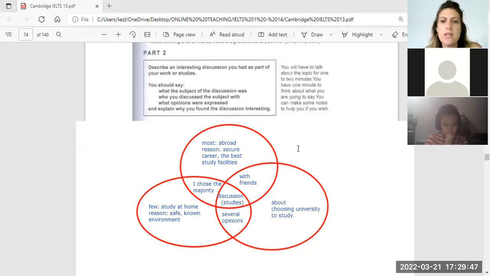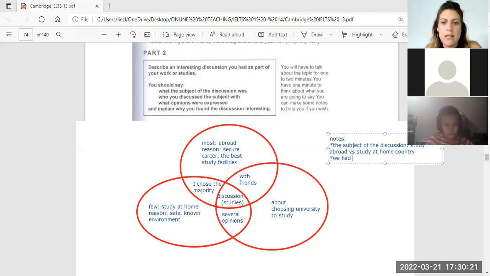Then, to make further notes to help you, let's put it this side, some more notes. You can say the subject of the discussion is study. We are going to study abroad versus study at home country.